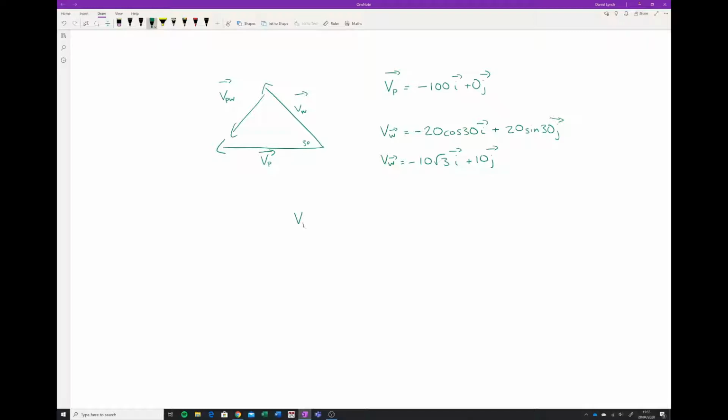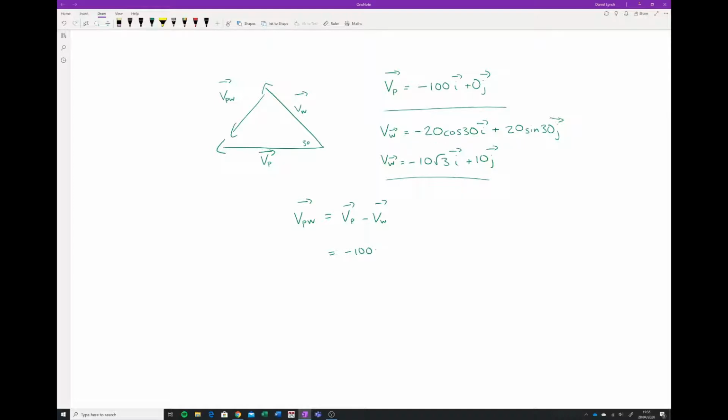So what do we know? We know that the vector of the plane relative to the wind is equal to the vector of the plane minus the vector of the wind. So we're going to start with this, and we're going to take away that. So we're going to have minus 100 i's, and then we're going to take away this.